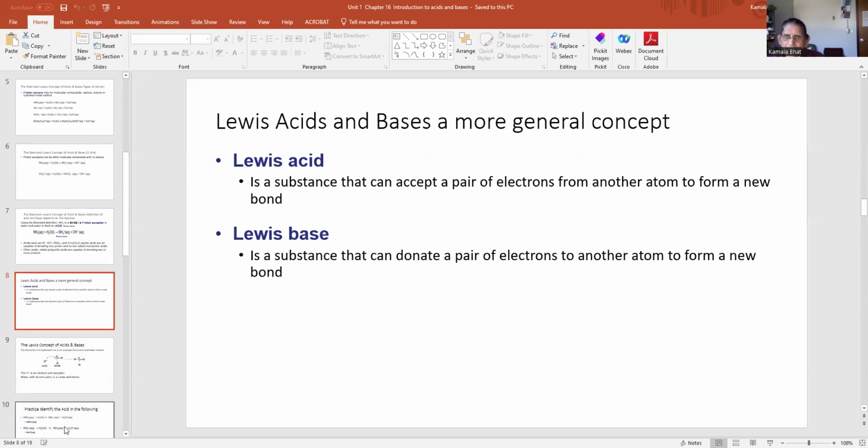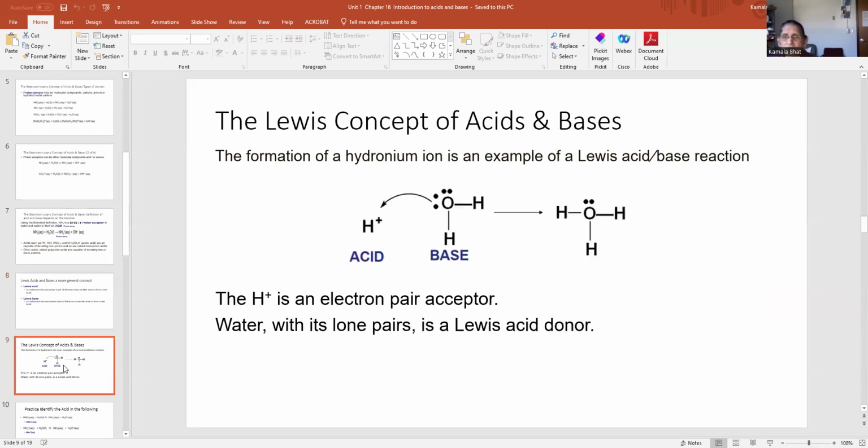Now, Lewis acids and bases are a more general concept. A Lewis acid is a substance that can accept a pair of electrons from another atom to form a new bond. A Lewis base is a substance that can donate a pair of electrons to another atom to form a new bond. An example is shown over here.